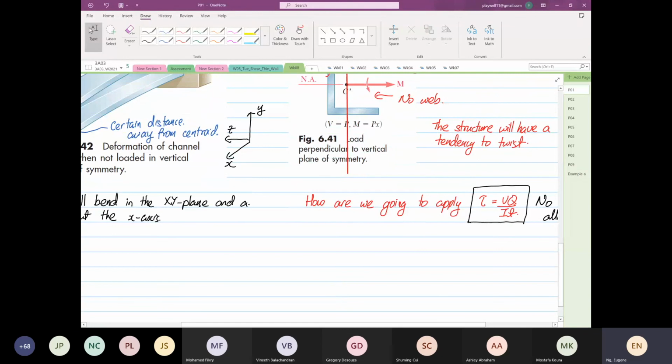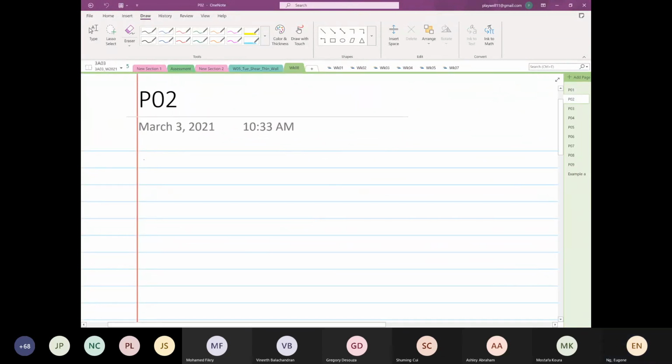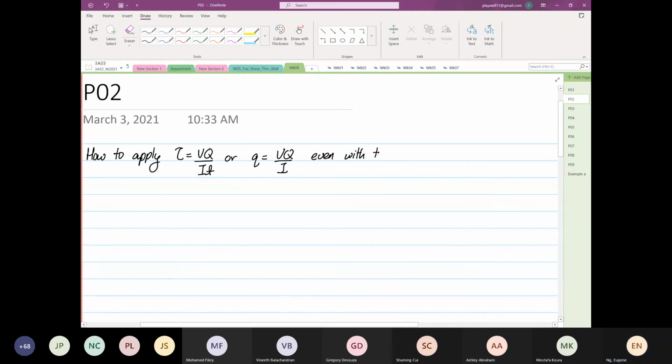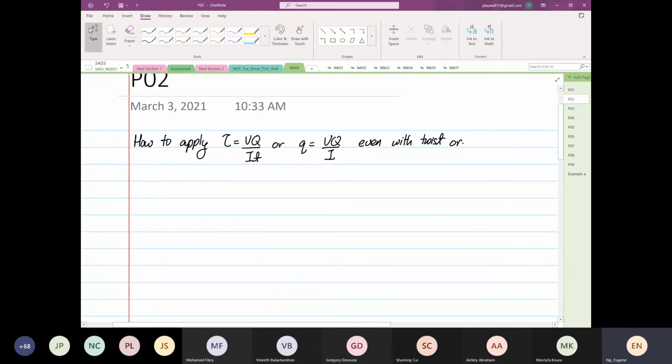So how to apply the shear stress VQ over IT, or the shear flow VQ over I, even with twisting, or what we call unsymmetrical loading.